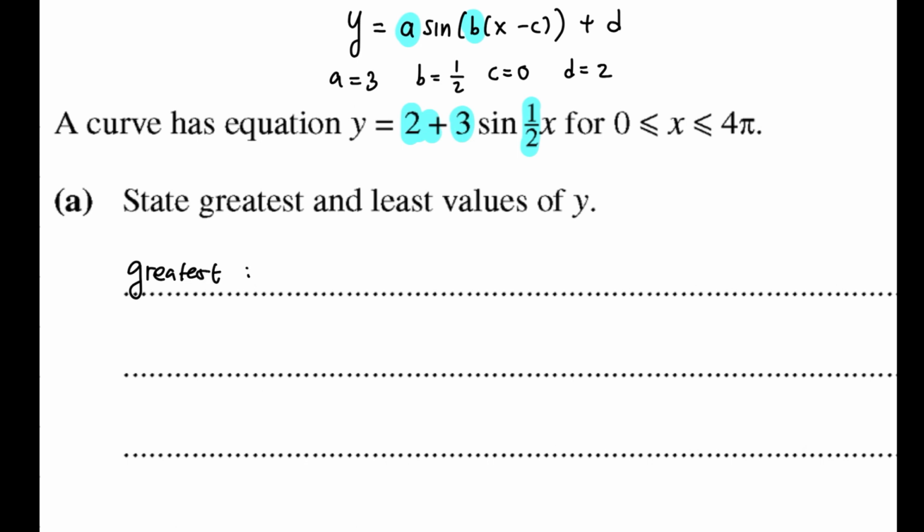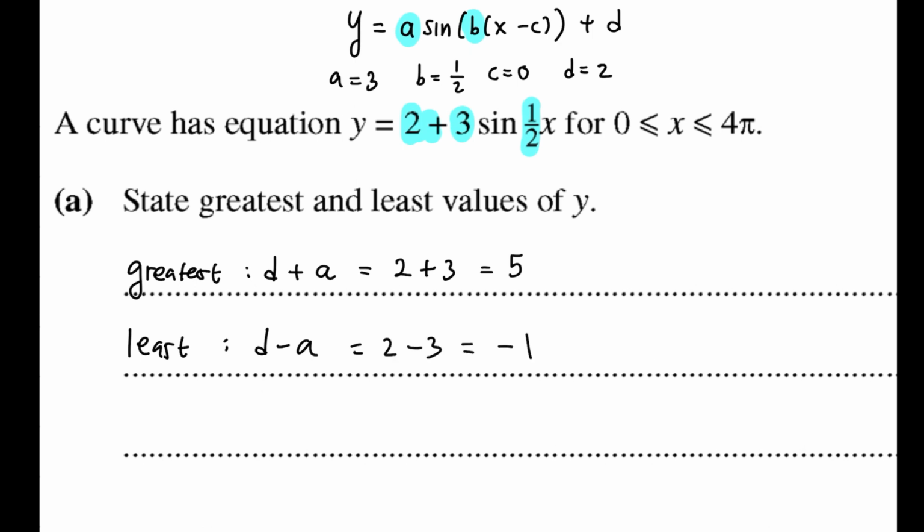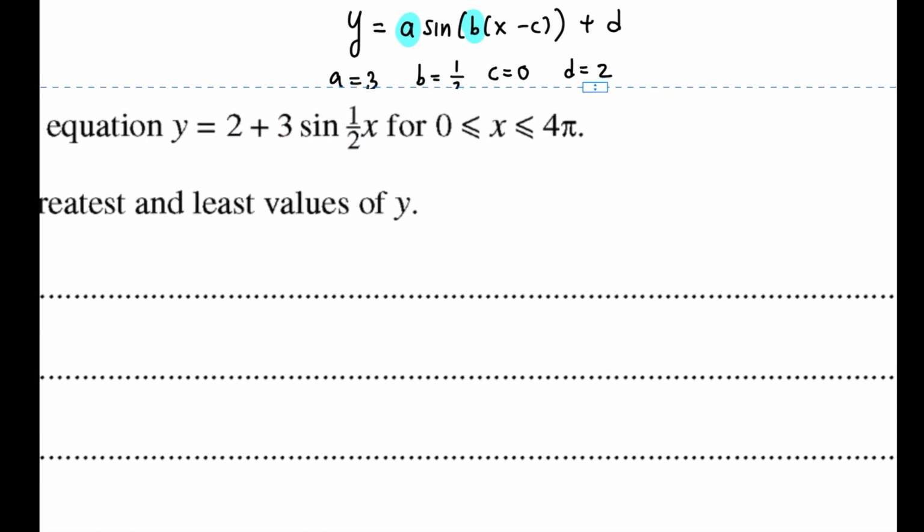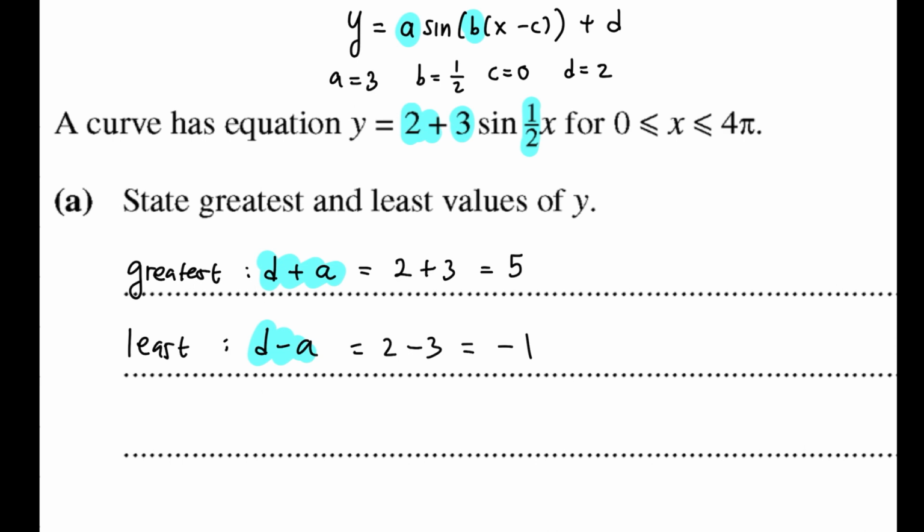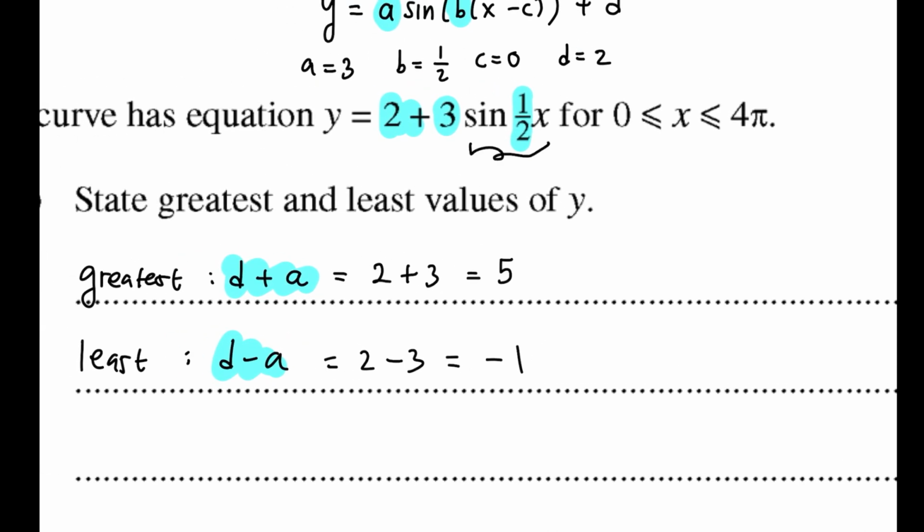To find the greatest value, you just need to add d plus a, or you add 2 plus 3, which equals 5. The least will be d minus a, which is 2 minus 3, which is negative 1. So you can memorize this formula, or the logic here is, we know that for sine x the maximum is 1 and the minimum is negative 1, and for sine half x, also the same thing.